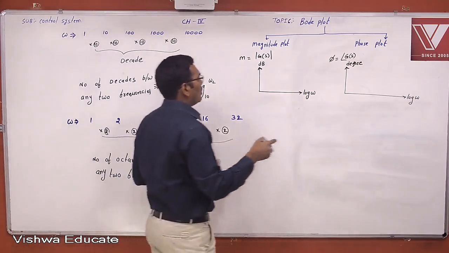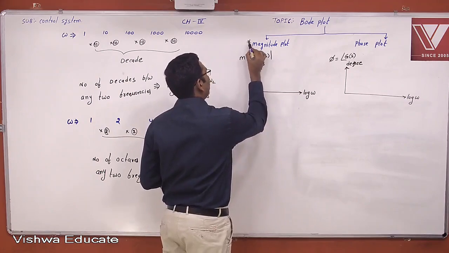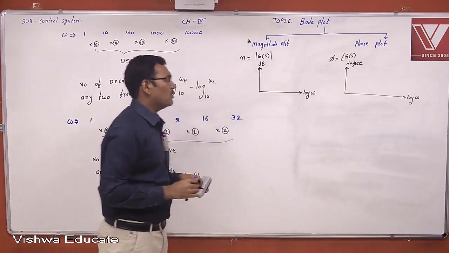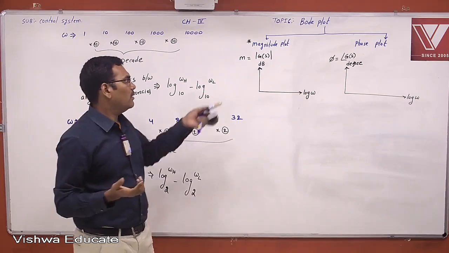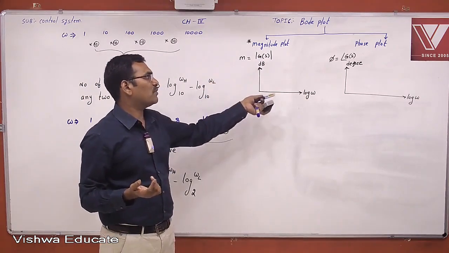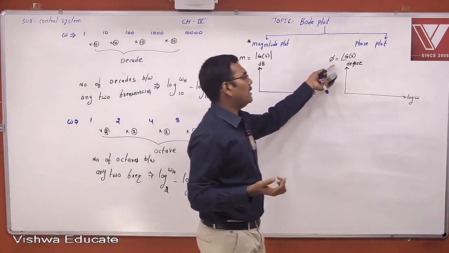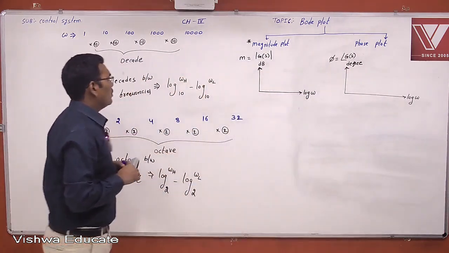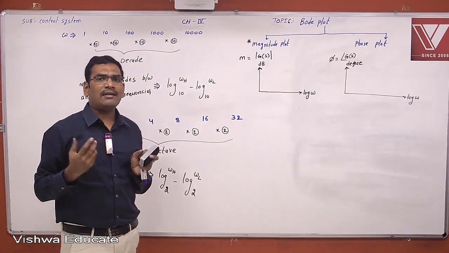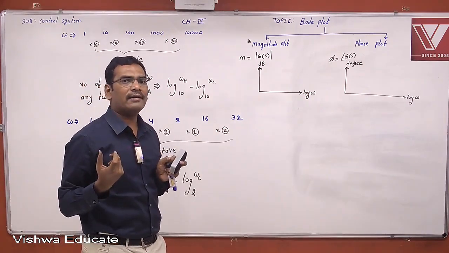So the Bode plot is nothing but the Bode magnitude plot, but we will draw the Bode phase plot also. Magnitude in terms of dB versus frequency is the Bode magnitude plot, and phase angle in terms of degrees versus frequency is the Bode phase plot. I think you know how to calculate the magnitudes and the phase angles.